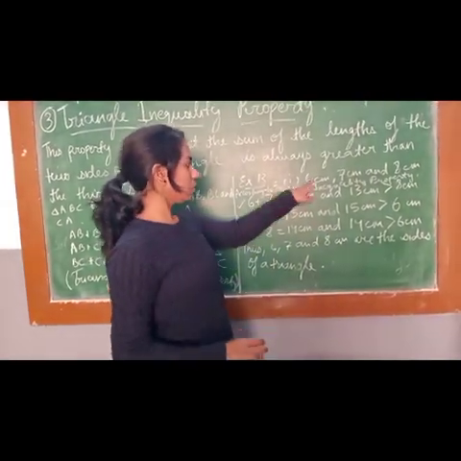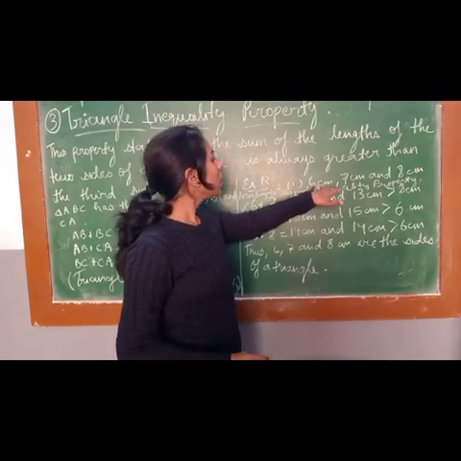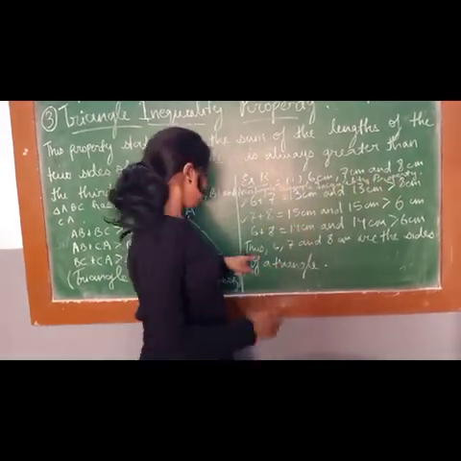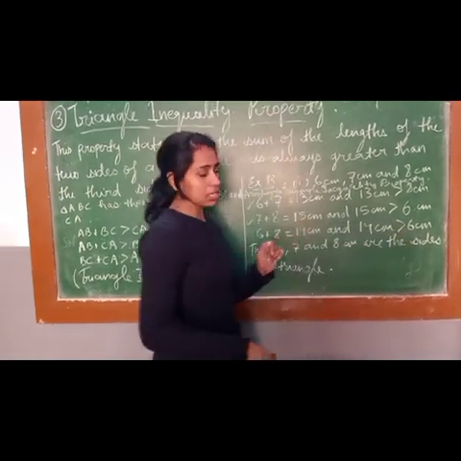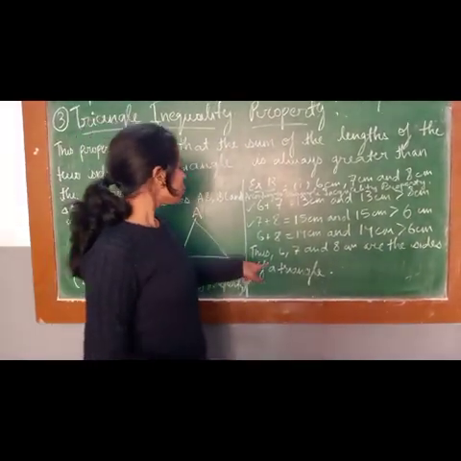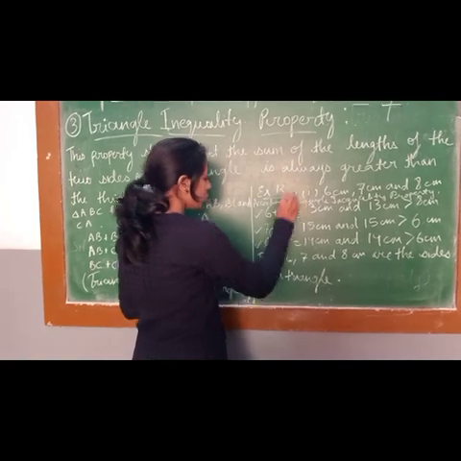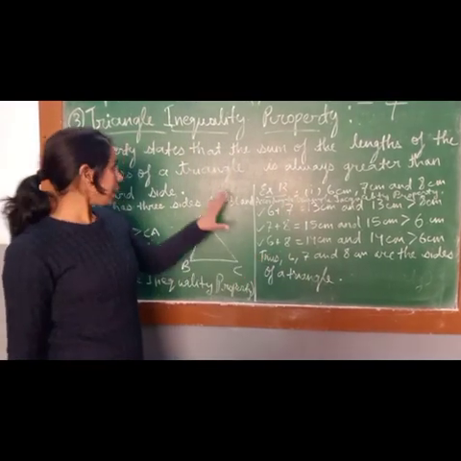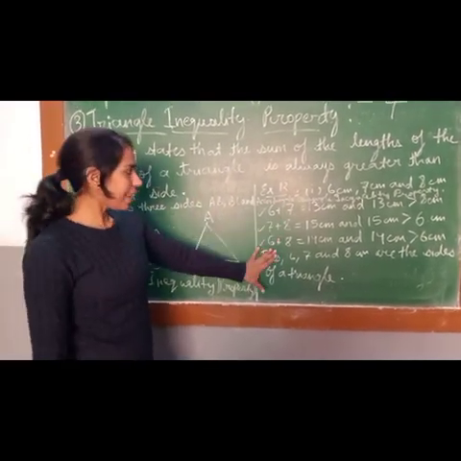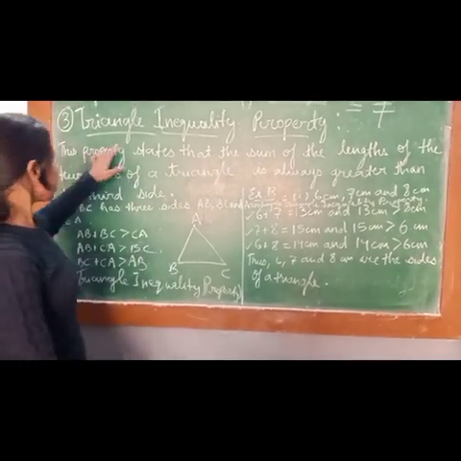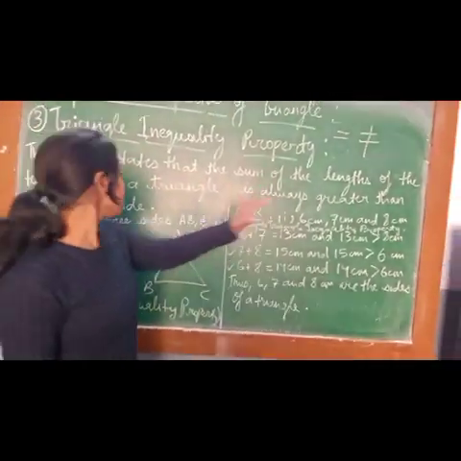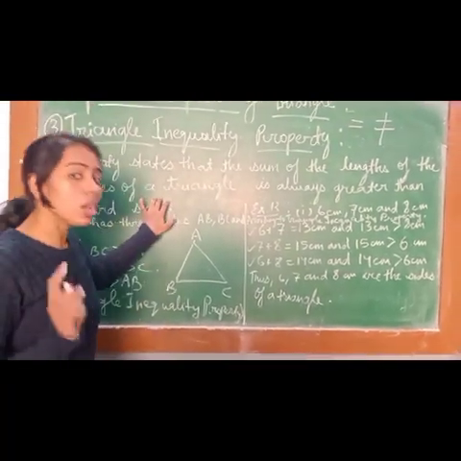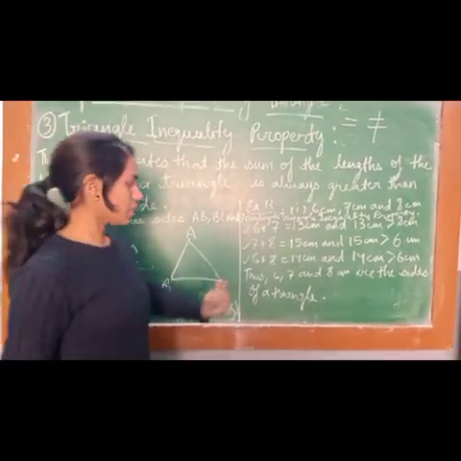Now let's see for the left two sides that are 6 centimeter and 8 centimeter. 6 plus 8 is 14 and the sum of any two sides of a triangle is always greater than the third side.